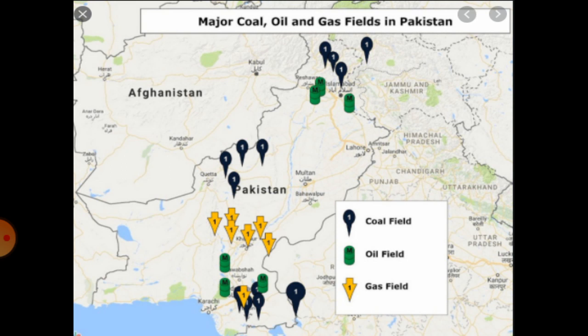Since the discovery of natural gas in Sui, 25 more gas reserves have been discovered, but the gas field in Sui is still the largest one, and there are also gas fields in Balochistan, Sindh and Punjab as well.